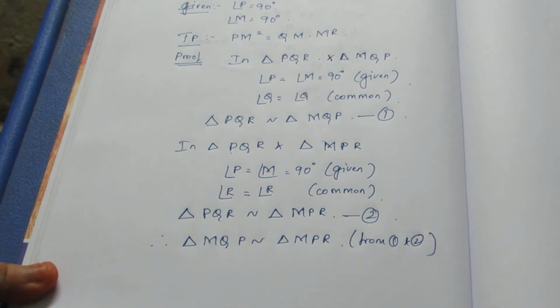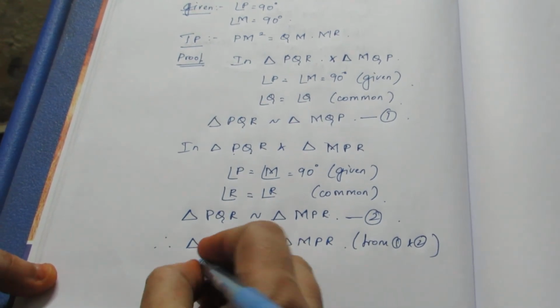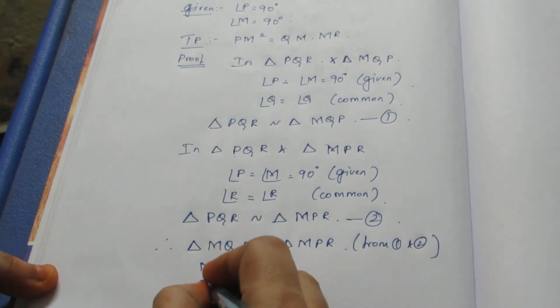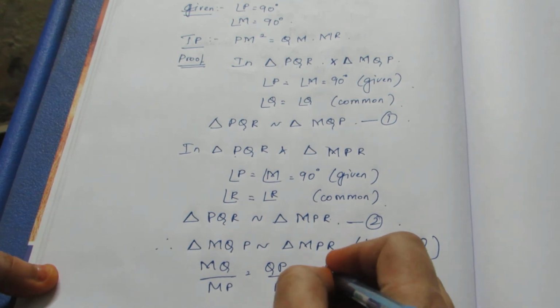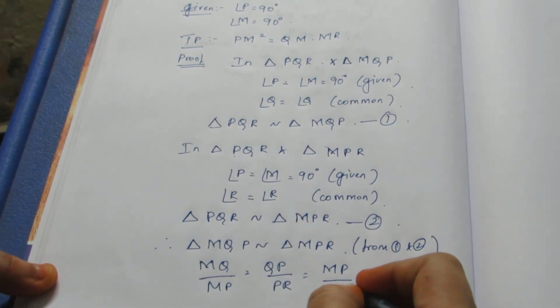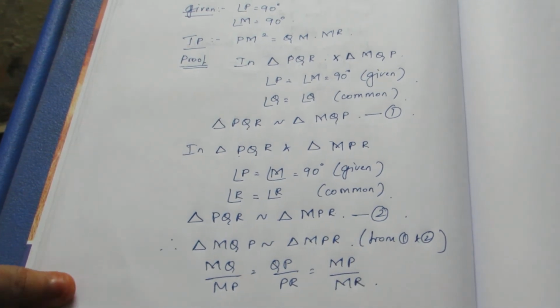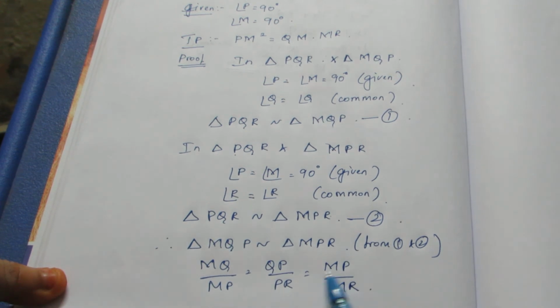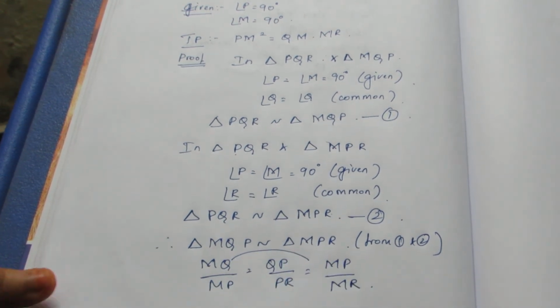So we have proved that two small triangles are similar, then we can directly write the sides in proportion. That is MQ by MP is equal to QP by PR is equal to MP by MR. Now we want MP square, so I am taking the first and last.